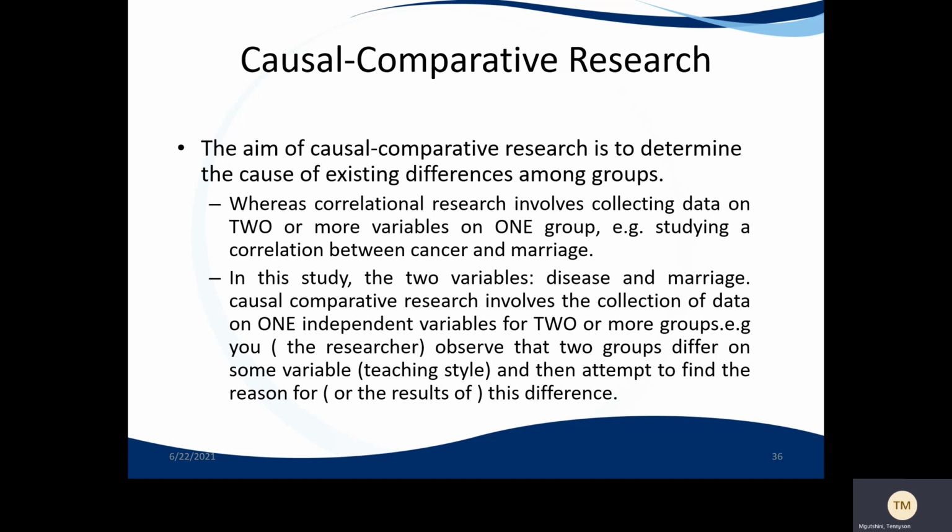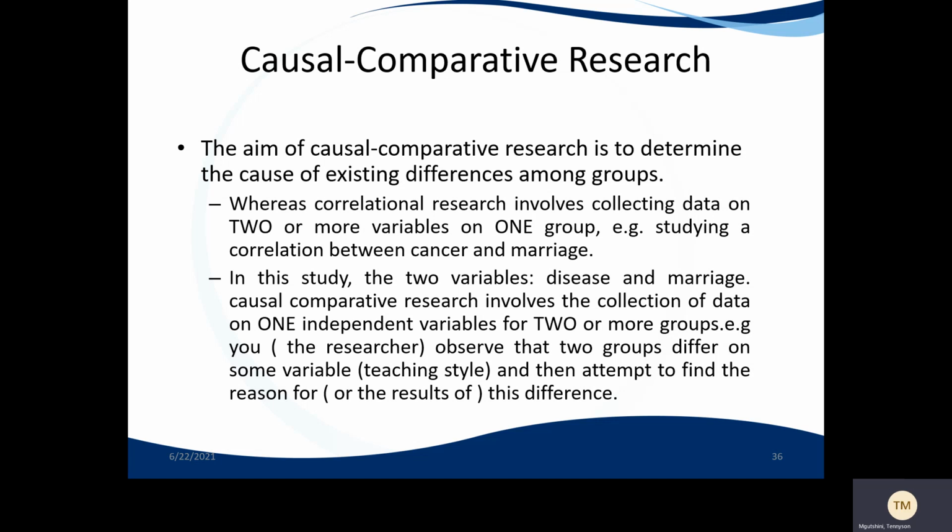So correlational research is about your interest in one group, and causal comparative research is about your interest between two or more groups and how they are affected by one variable. So correlational is more than one variable on one group. Causal comparative is more than one group in respect to one variable.